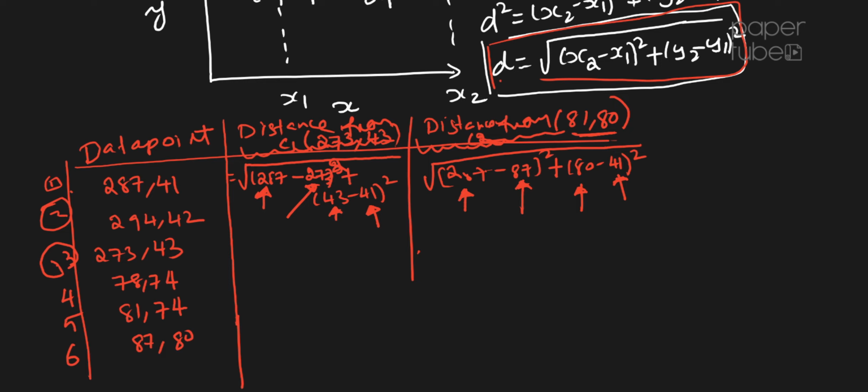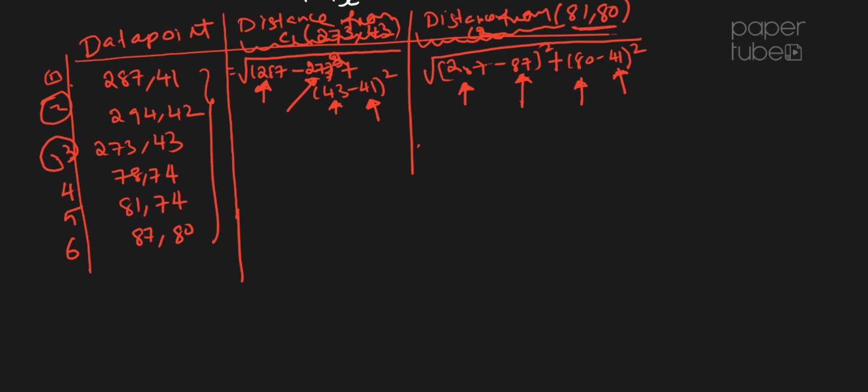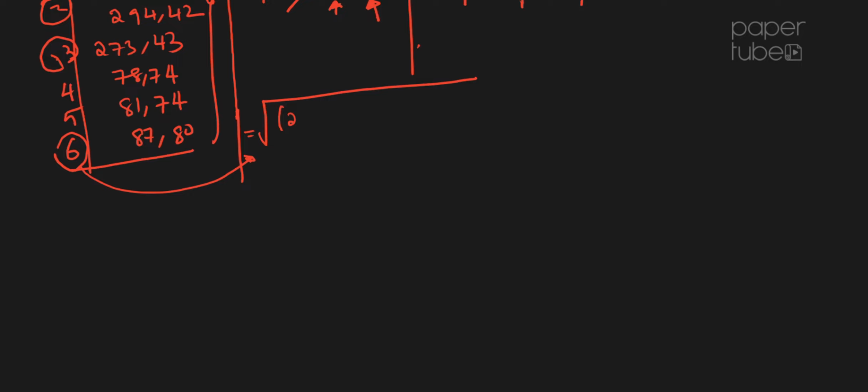Likewise, you have to repeat the calculation, and for all the 6 samples. For data point 6, the distance between the data point 6 and the cluster center 1 should be equal to 87 minus 273 the whole square plus 80 minus 41 the whole square.